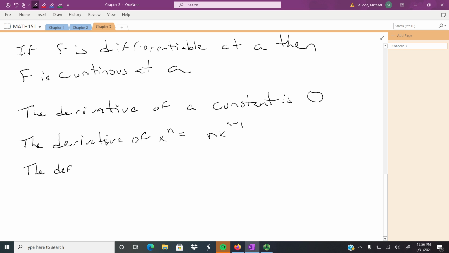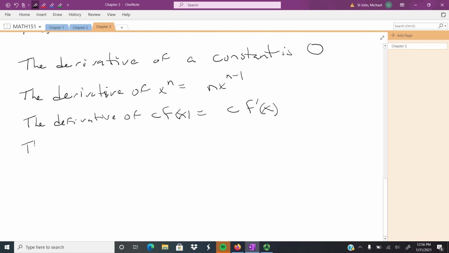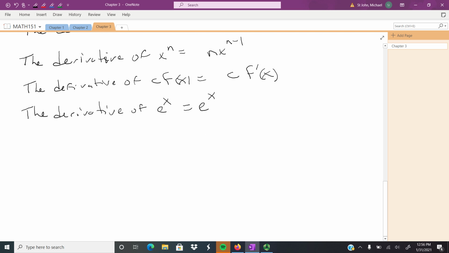The derivative of a constant c times f of x is going to be c times the derivative. Okay. And then the derivative of e to the x is e to the x.